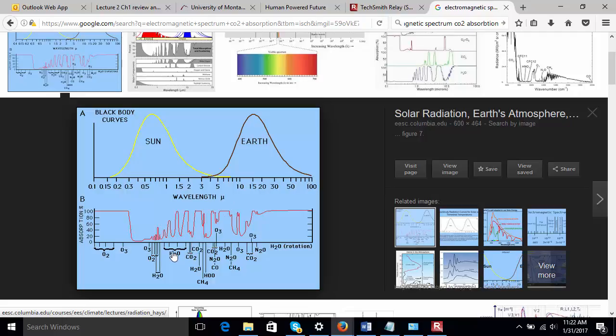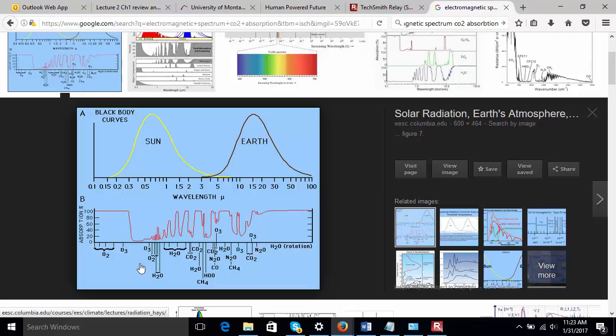So you can see here's water, here's carbon dioxide, here's methane, here's another HOO, which is not common and probably not very stable. Here's ozone again, and what we notice is that these are the wavelengths at which these different gases absorb energy.